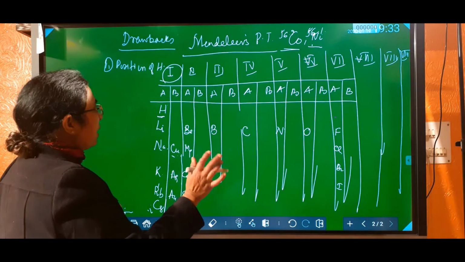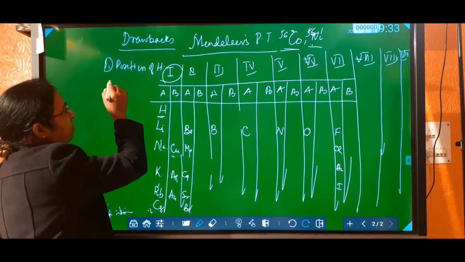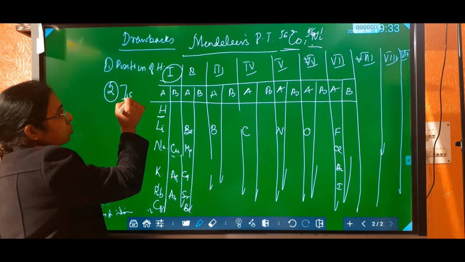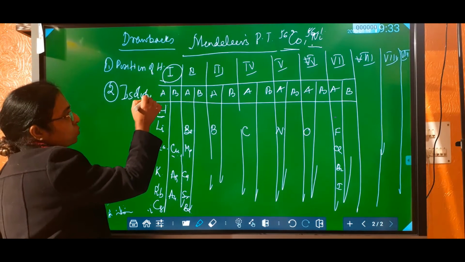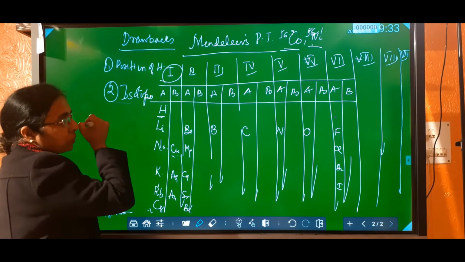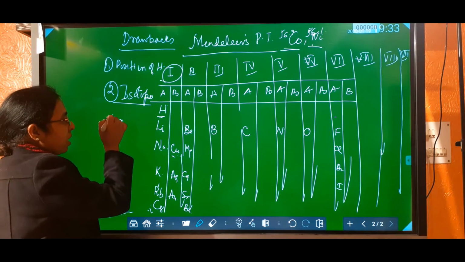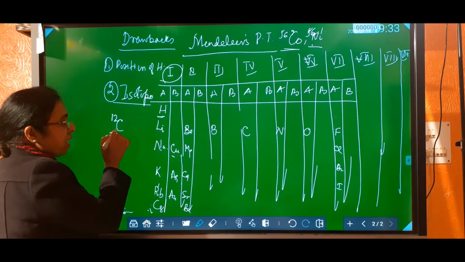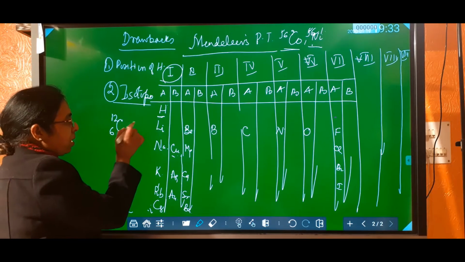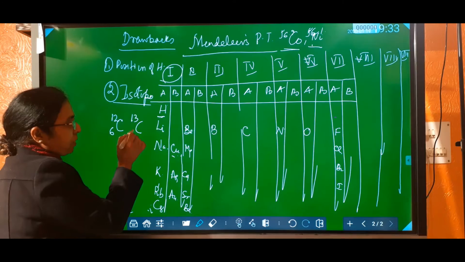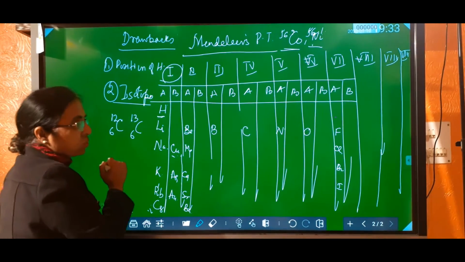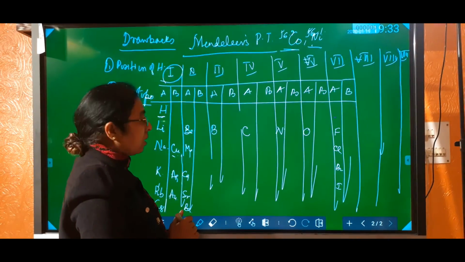Now, besides this, we have isotopes. What are isotopes? You must have heard about it in your junior classes. Isotopes are elements having the same atomic number but different atomic mass, such as carbon 12, carbon 13, carbon 14.